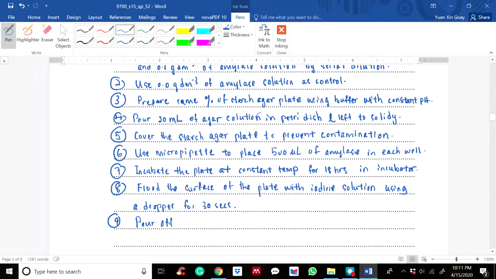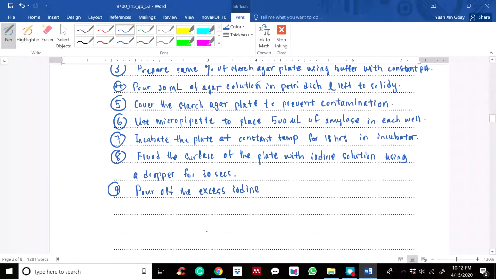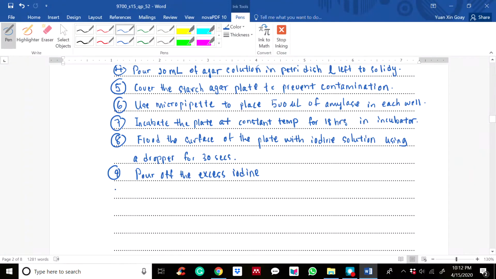Pour off the excess iodine. Use a ruler to examine the diameter of the brown zone.